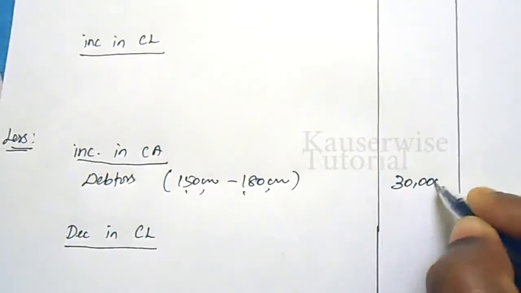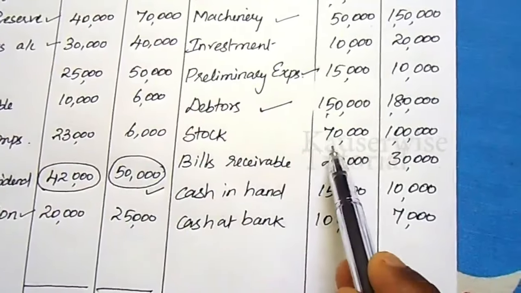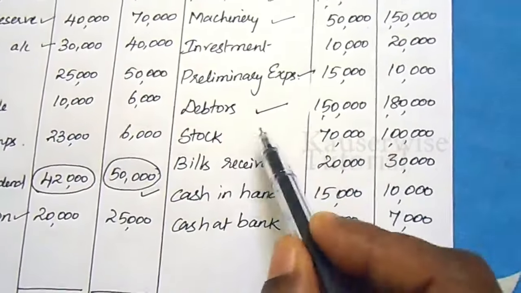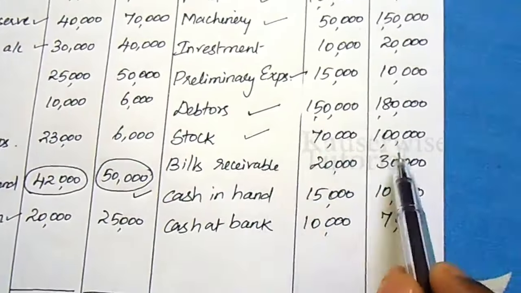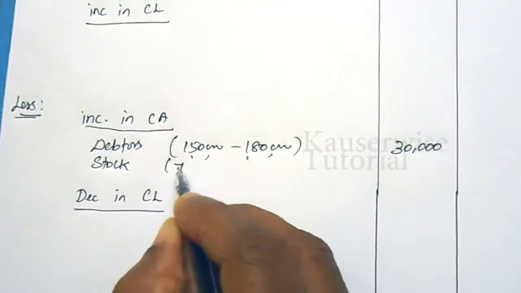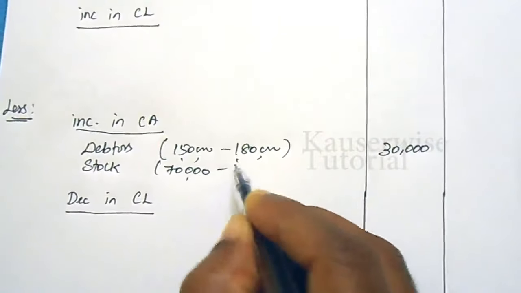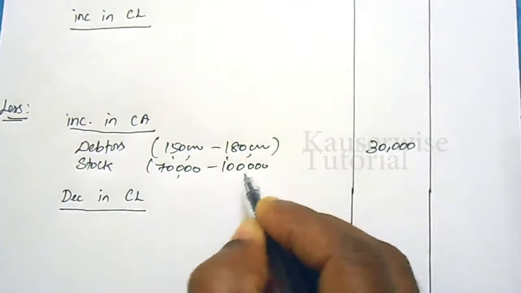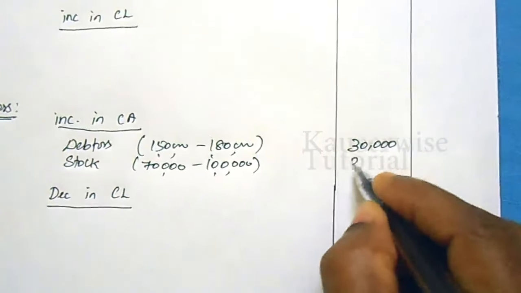30,000. Stock. Last year 70,000, this year 1 lakh. So this is also increased. How much? 30,000 increased. Any increase in current asset, here. Stock 70,000, 1 lakh. How much amount difference? 30,000 increased.